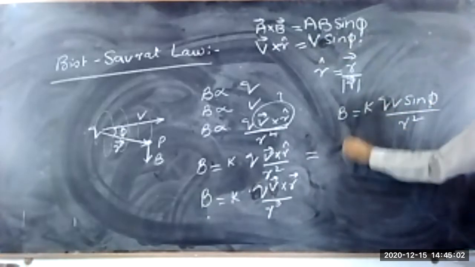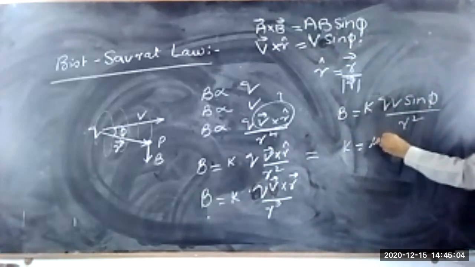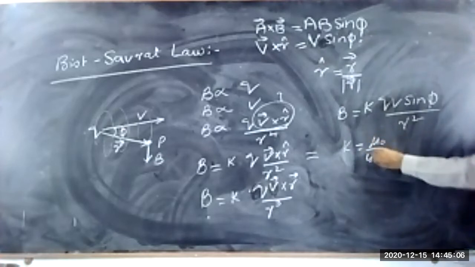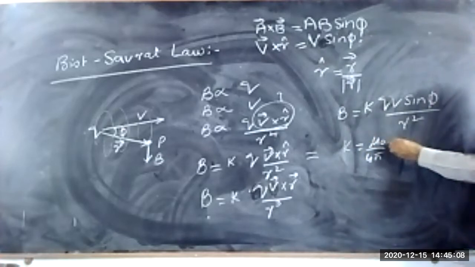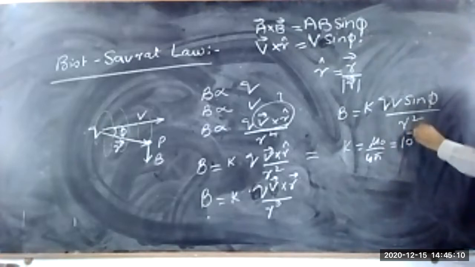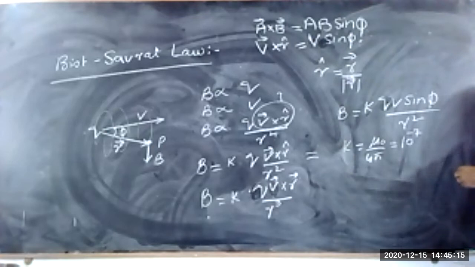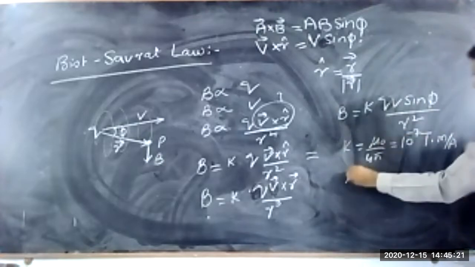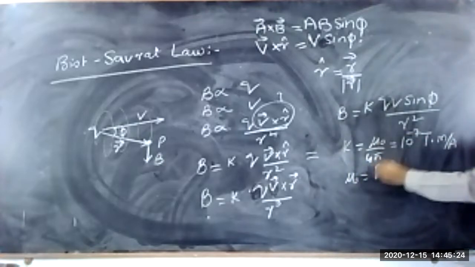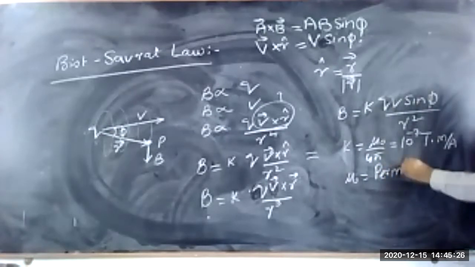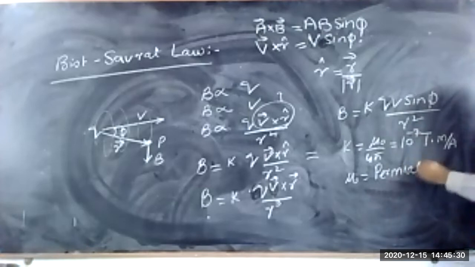And this k is the constant which is equal to mu naught upon 4 pi. This constant has the value 10 raised to power minus 7, and its unit is Tesla meter per ampere. Here mu naught is the permeability of free space.